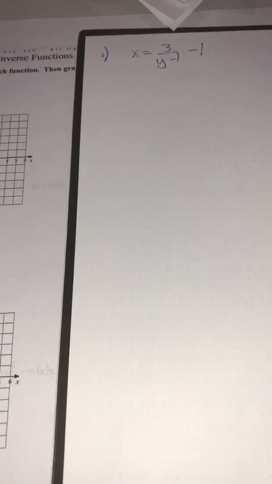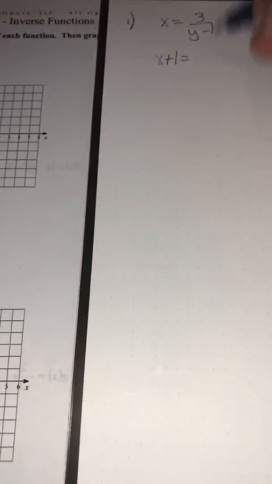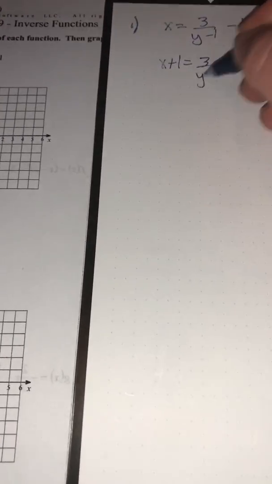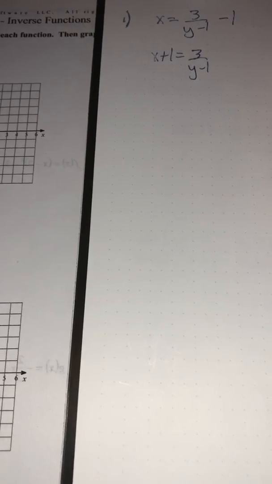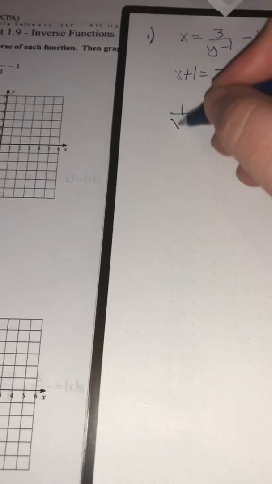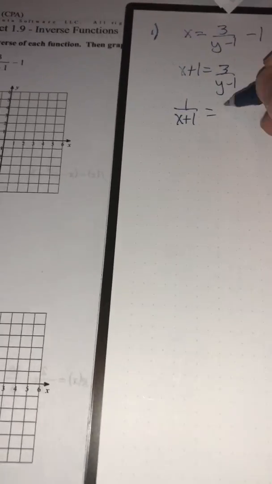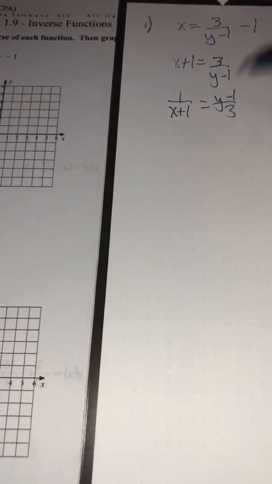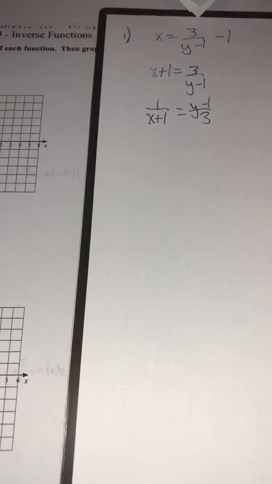Now I want to take this and solve it for y. So let's see, I'd add the 1 to the other side. Maybe let's take the reciprocal of both sides. So I'd have 1 over x plus 1 equals y minus 1 over 3, times both sides by 3.